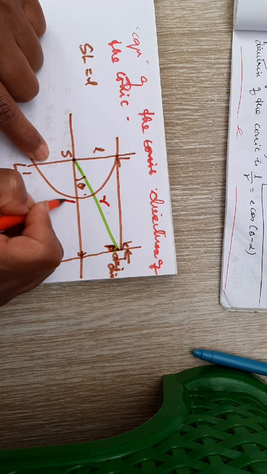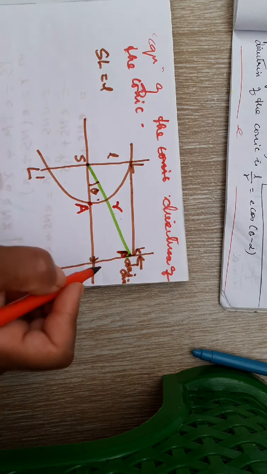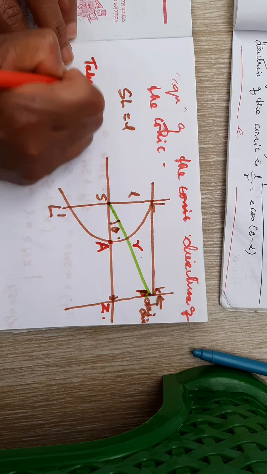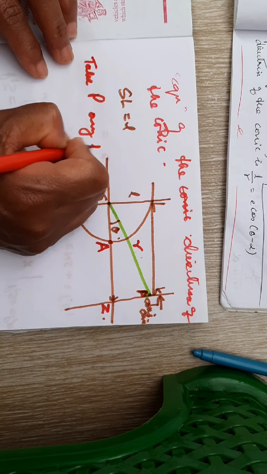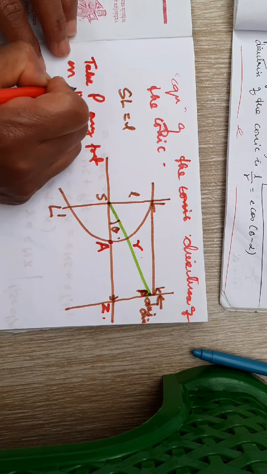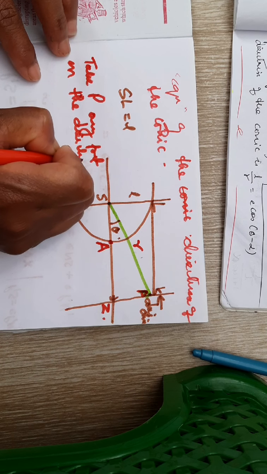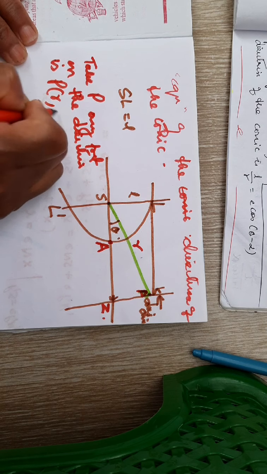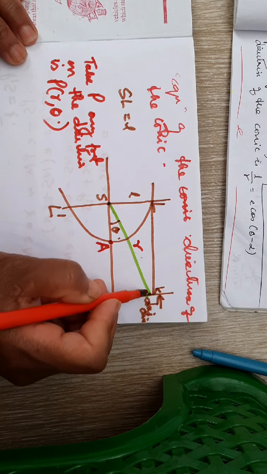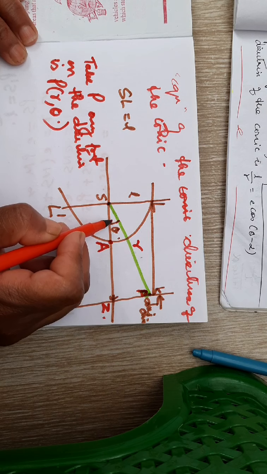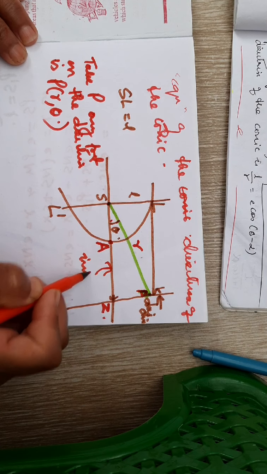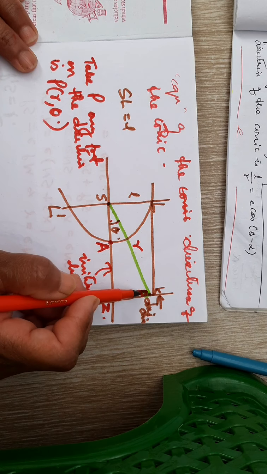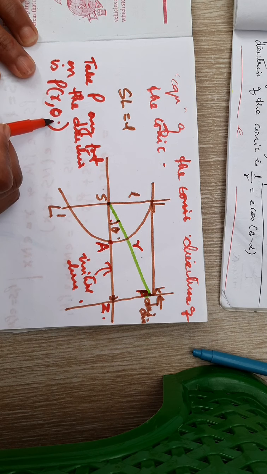Now this is the vertex and this is Z. So take P to be any point on the directrix, where the polar coordinate of this P is r, theta. That means the length from P to S is equal to r, and PS makes an angle theta with respect to the initial line or the x-axis. So the polar coordinate of this point P on the directrix will be r, theta.